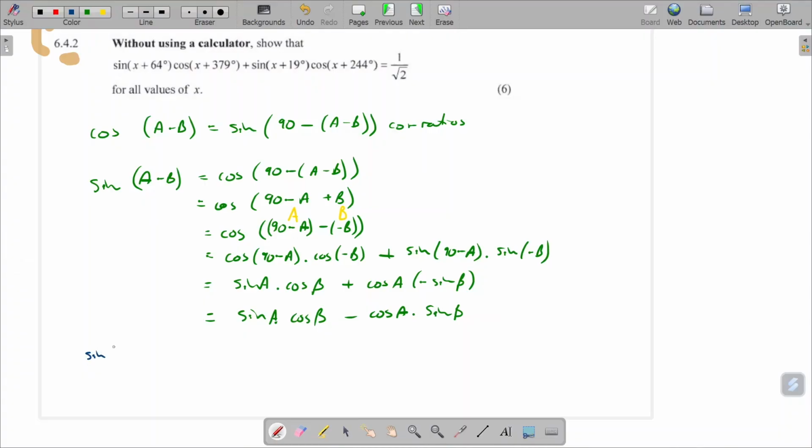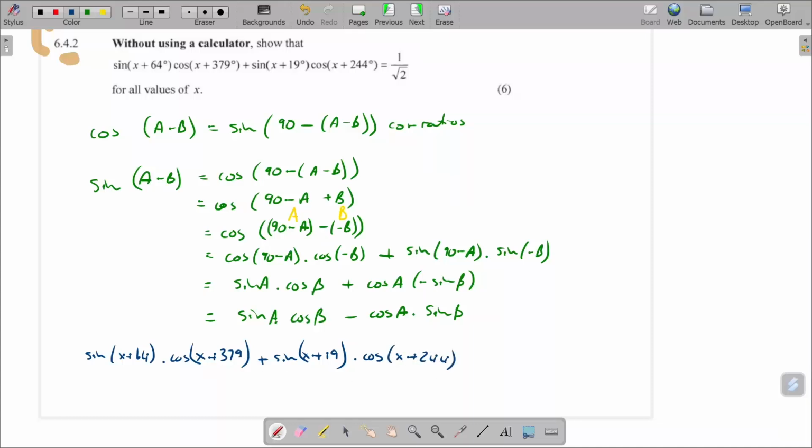But we're going to realize that, hold on, this one is 6.4.2. We're going to realize that this expansion is sine of x plus 64 times cos of x plus 379, plus sine of x plus 19 times cos of x plus 244.